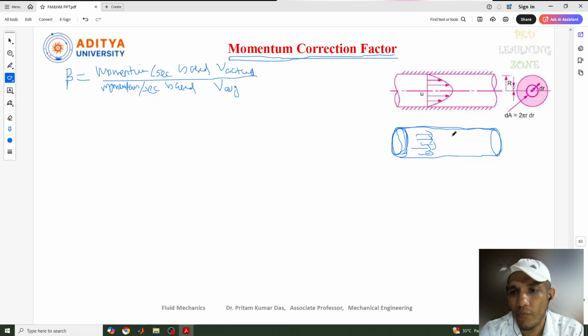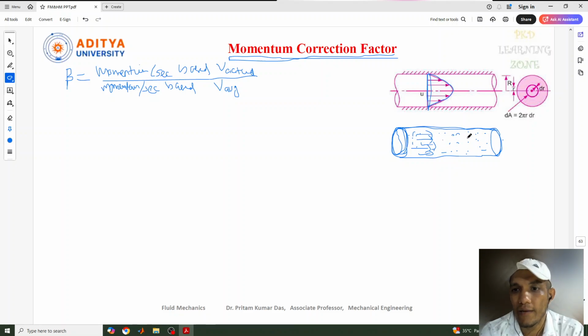If you see the velocity distribution through the pipe, it is maximum at the center and minimum at the surface of the pipe. These things we have already discussed previously.